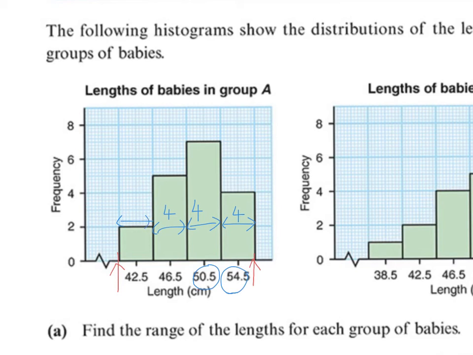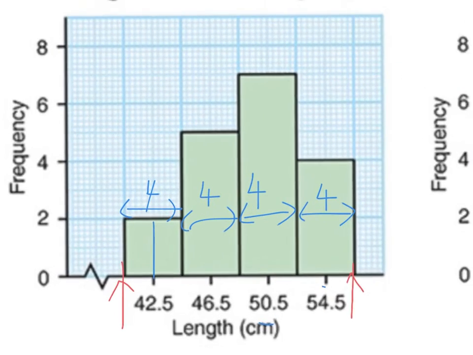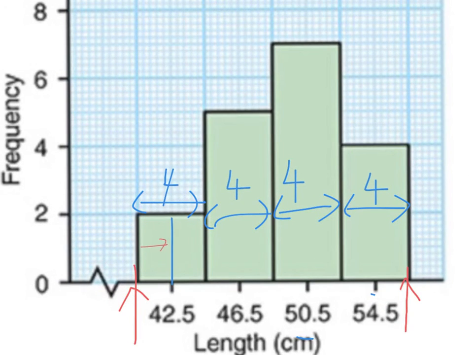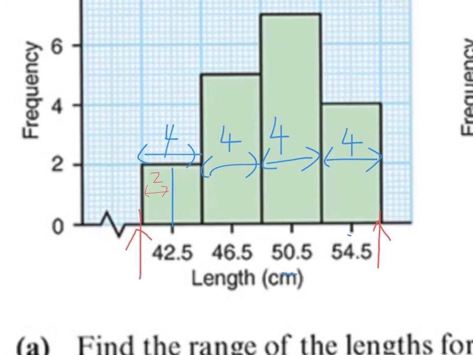4 each time. And then if you want to get the two red points, we just need to add half of the bar. Half of it is 2. Can I make it larger? It's 2, because it's half of it.